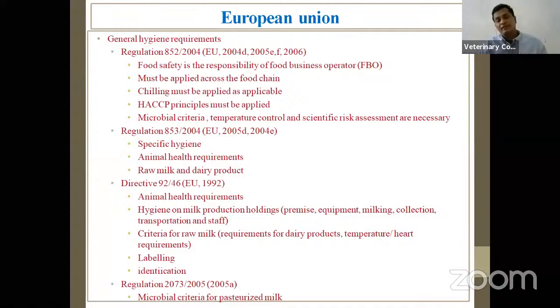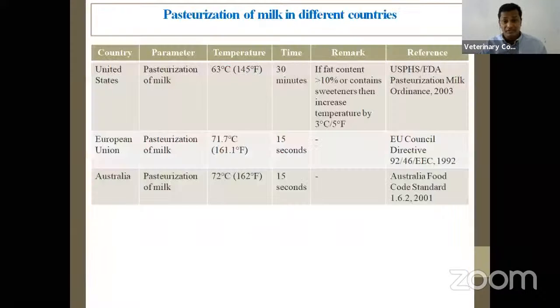They all apply FSMS and HACCP-based principles, and in Europe there are various directives in the European Union. There is the European Economic Council, and the directives of this EC are applicable in all major member countries. So let us not go into the details of these individual regulations or directives. They have specifications for both microbial and non-microbial potential hazards that could be there in the milk or milk product.